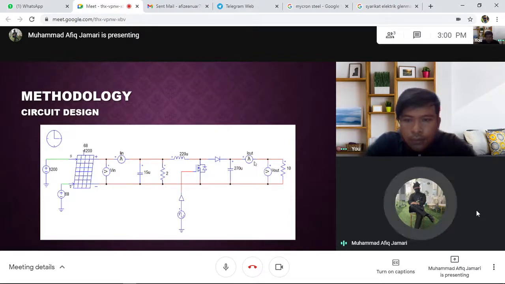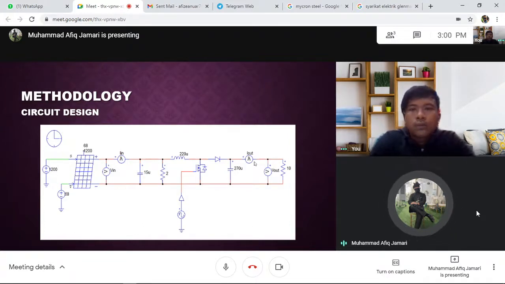The solar module was connected to an assumed irradiation of 1200 and a temperature of 68 degrees Celsius. This is only the assumption of weather that the students chose or made. The 15 micro capacitor is connected in parallel with the solar module to smooth the waveform of the V in and I in, together with the resistor of 2 ohms.